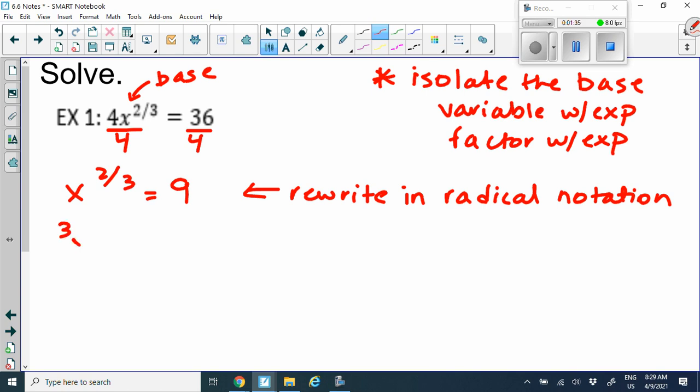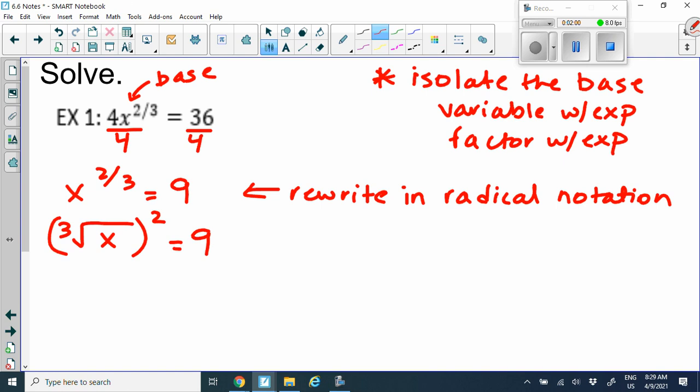So we have the cube root of x squared, okay? Now, you could have the radical either inside or outside. It's kind of up to you. We're going to keep it outside, and the reason I want to do that is because we want to make the values smaller rather than bigger.